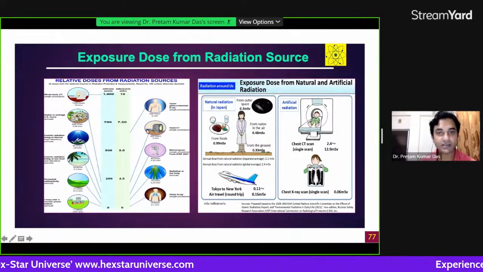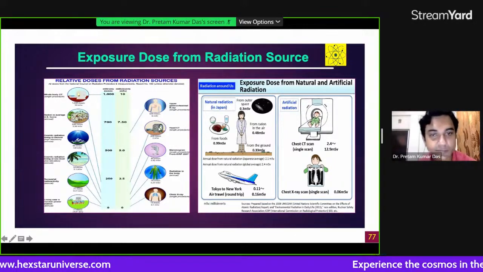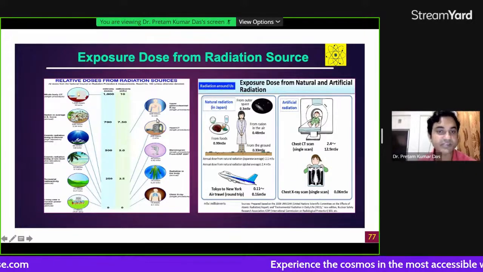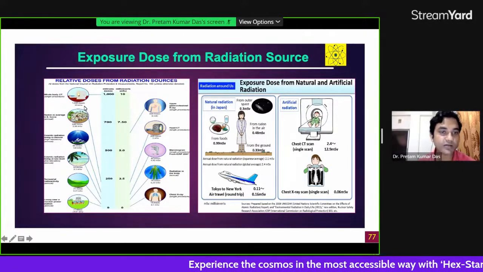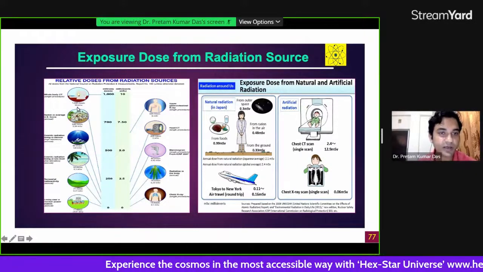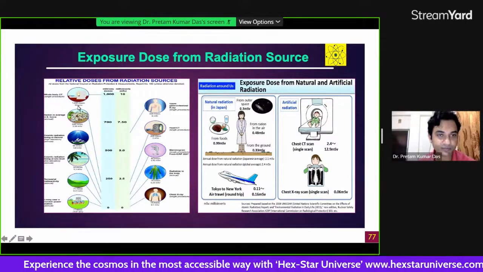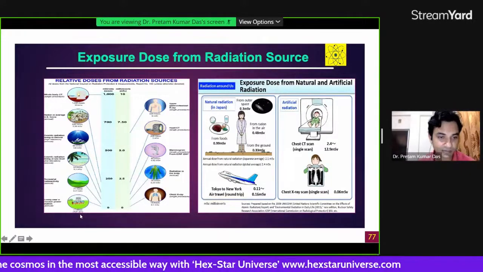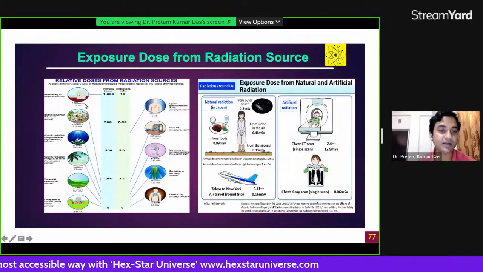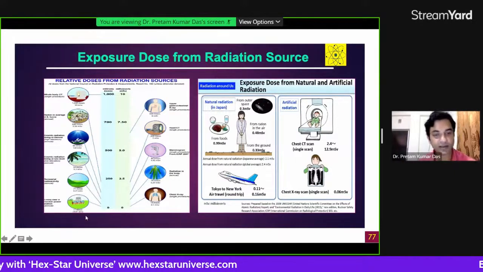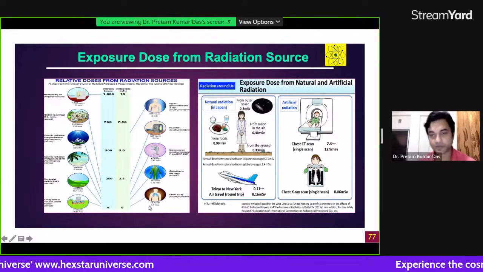On the other hand, each X-ray gives 6 millisievert, and one CT scan gives 10 millisievert. That means 1,000 times larger than staying near the nuclear power plant.